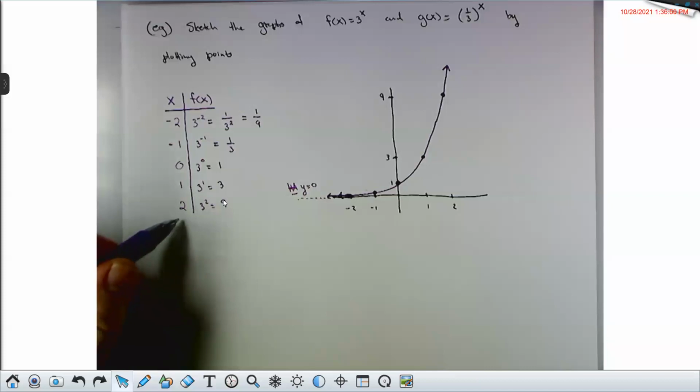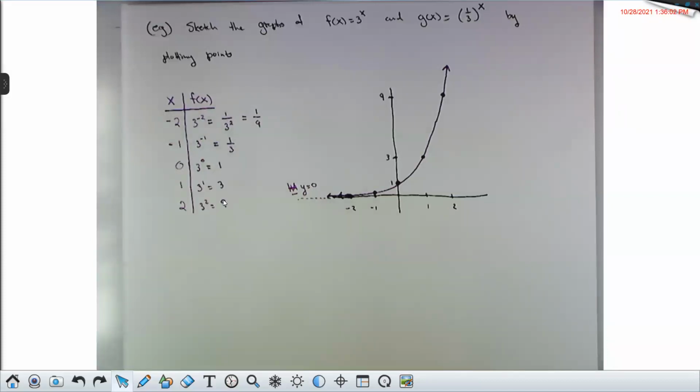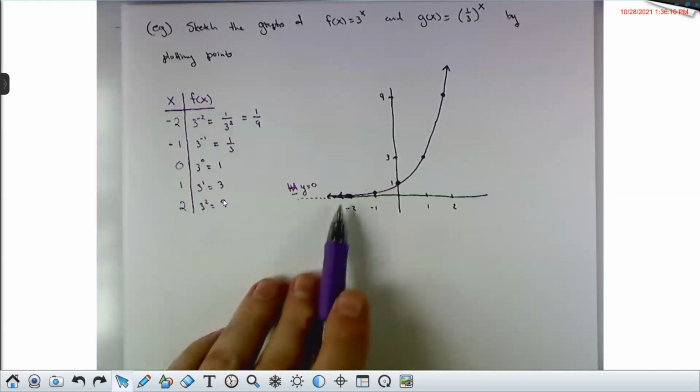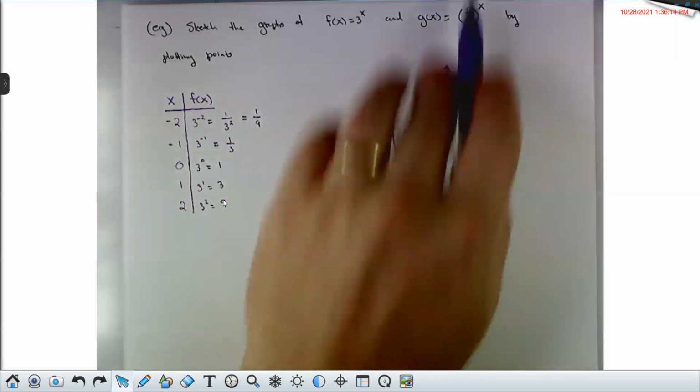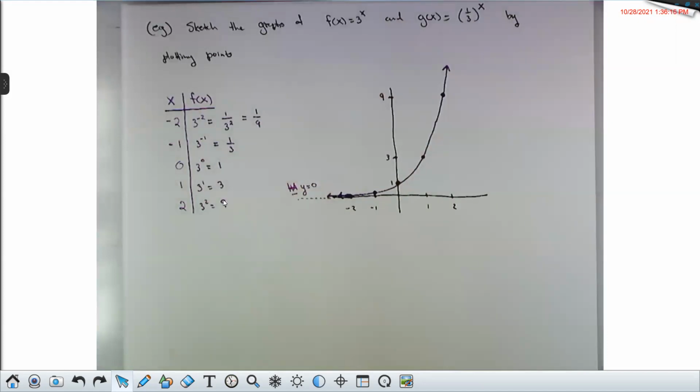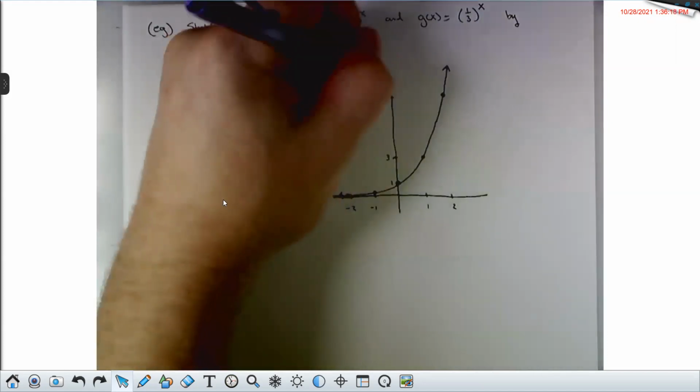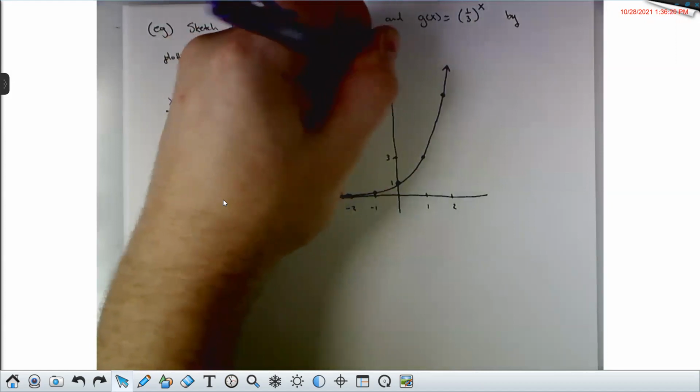The next entry as we go further negative, when x is -3, would be 1 over 27, which is almost indistinguishable from 0 at this scale. So this graph is sitting down really hard on the x-axis over here, and it's blowing almost straight up over here. And this is the graph y equals f of x.